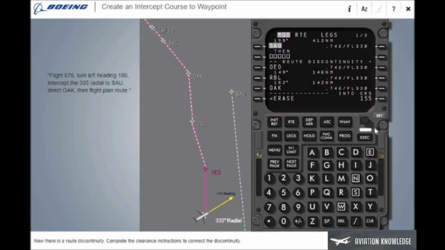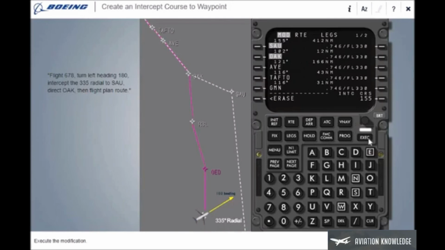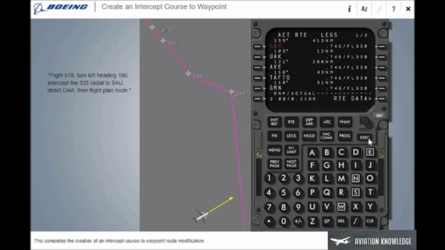Now there is a route discontinuity. Complete the clearance instructions to connect the discontinuity. Execute the modification. This completes the creation of an intercept course to waypoint route modification.